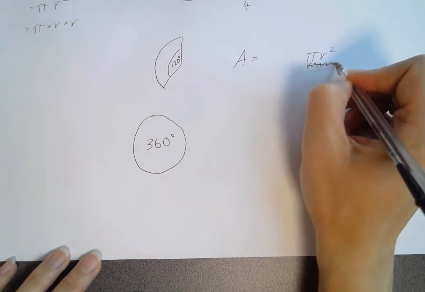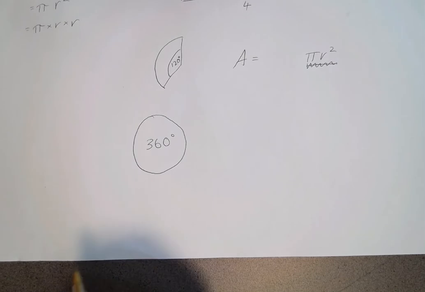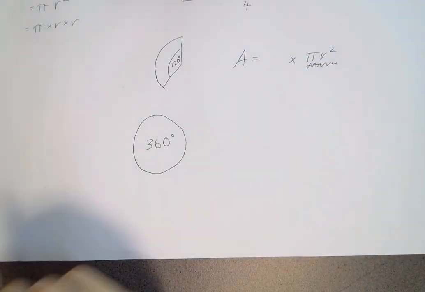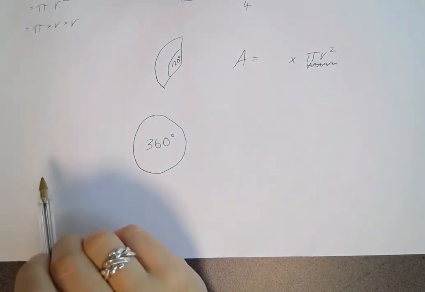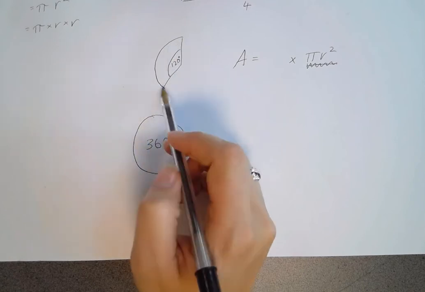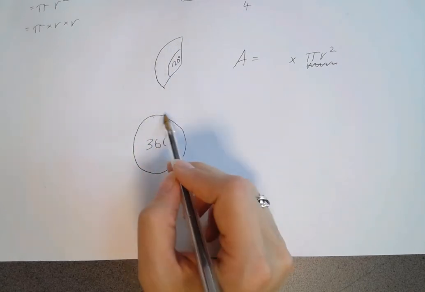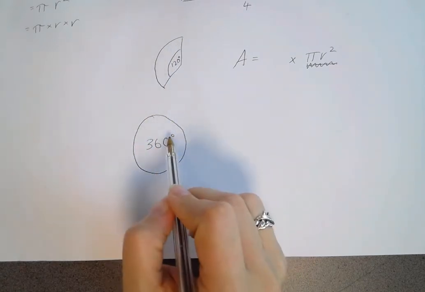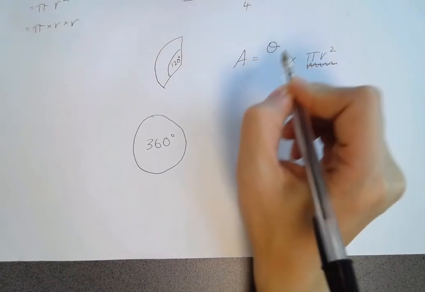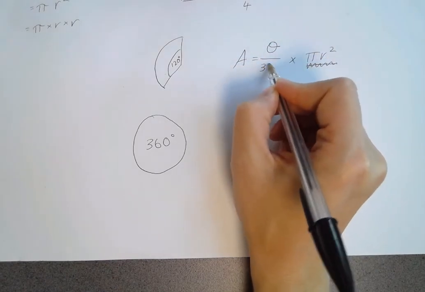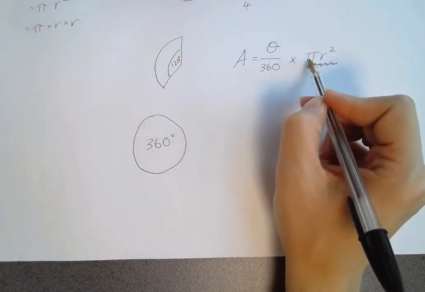But we're going to multiply it by a fraction, basically, and this fraction is going to be how many degrees of the circle we have divided by how many we should have. So this time I'm going to give you the rule theta divided by 360 multiplied by pi r squared.